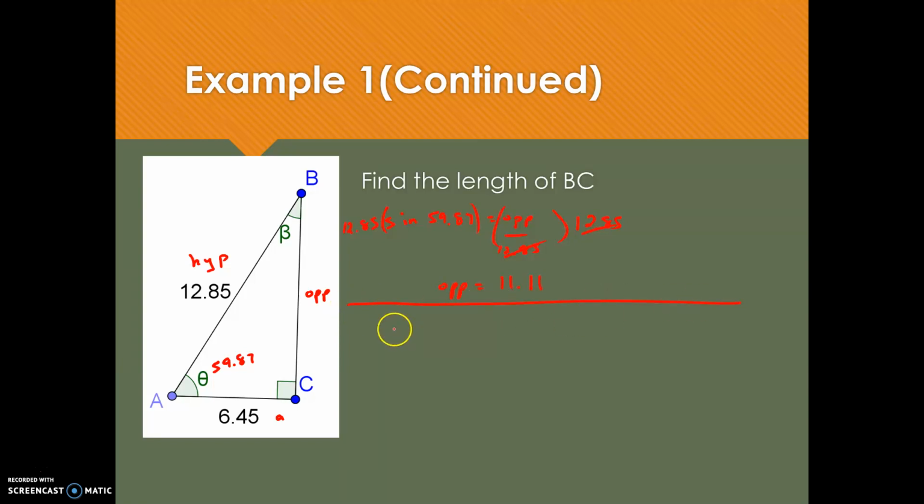Now, there is a second option. Since we already know both sides, we could simply use the Pythagorean theorem. A squared plus b squared equals c squared. We have the hypotenuse, so we would have 6.45 squared plus b squared equals 12.85 squared. So b squared would equal 12.85 squared minus 6.45 squared.